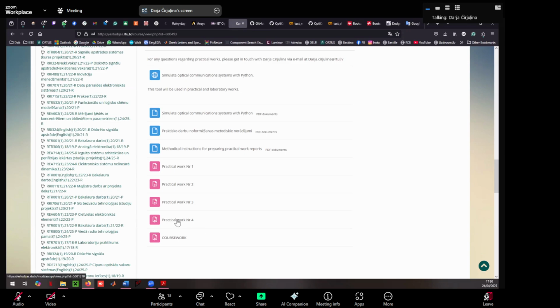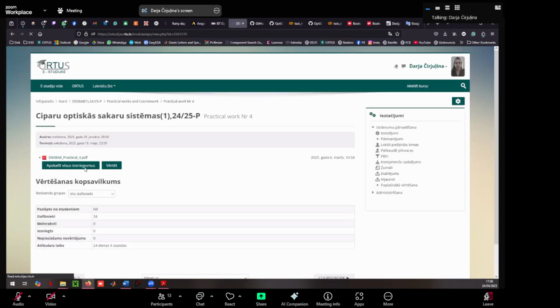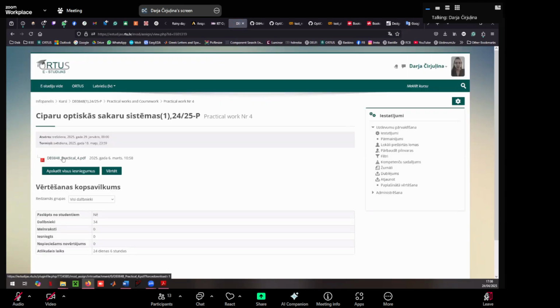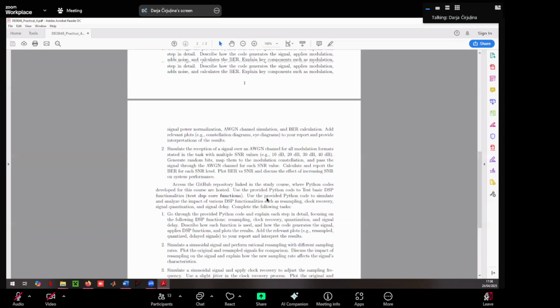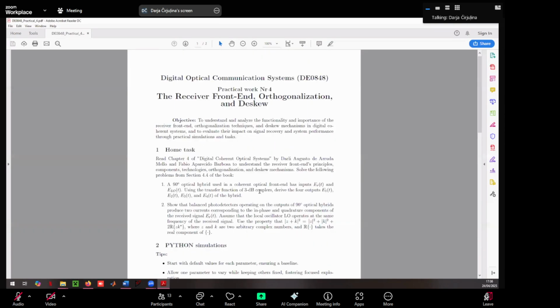And today you will start working on practical work number 4. Here is the description. The deadline is the 18th of May for the report submission. The practical work description is pretty similar to the previous descriptions and is related to the receiver front end, the organization, and SQ.